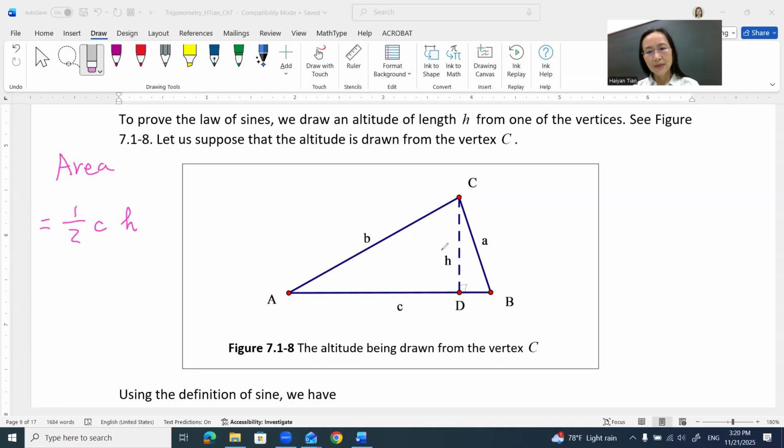But suppose we do not know the height. Can we calculate the height?